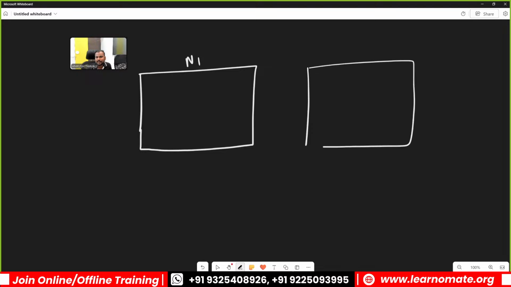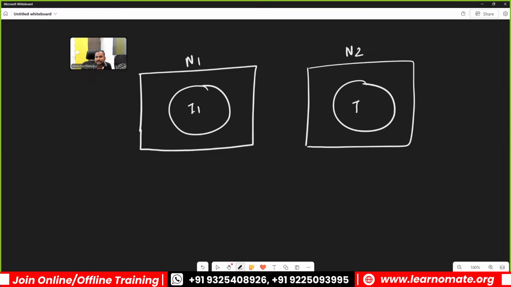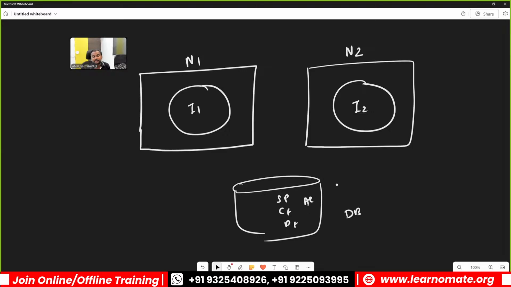In every node your database instance will be running. Let's say here my instance number 1 is running, and here my instance number 2 is running, which are connected to your database. This is my database. Under this database, my database related files are there, like SP file, control files, data files, archive logs; all these files are available.